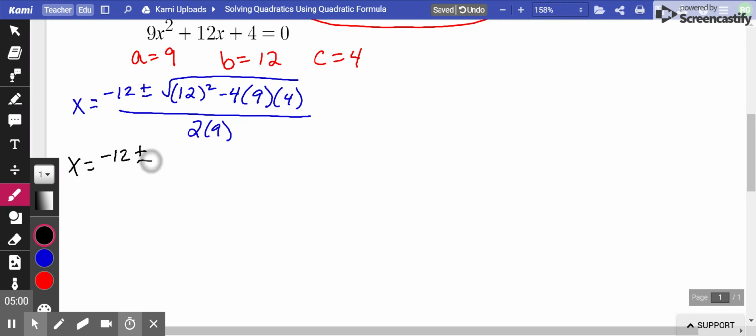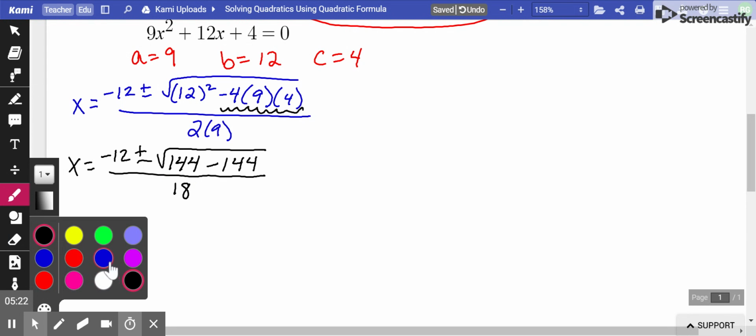Simplify inside. Get negative 12 plus or minus, 12 squared is 144. Negative 4 times 9 times 4 is a negative 144. So right now under our square root we have 144 minus 144. Denominator 2 times 9 is 18.